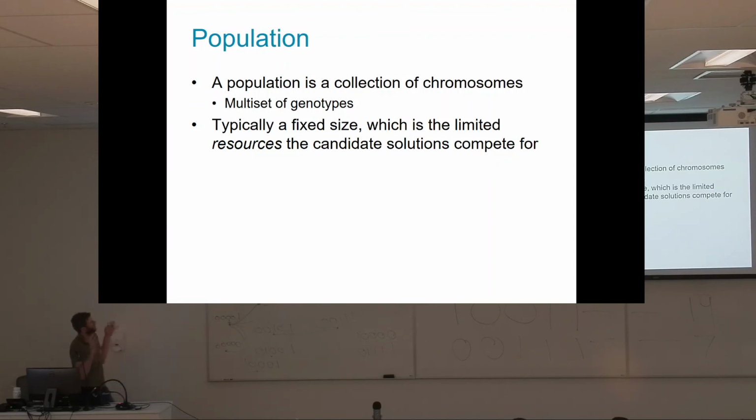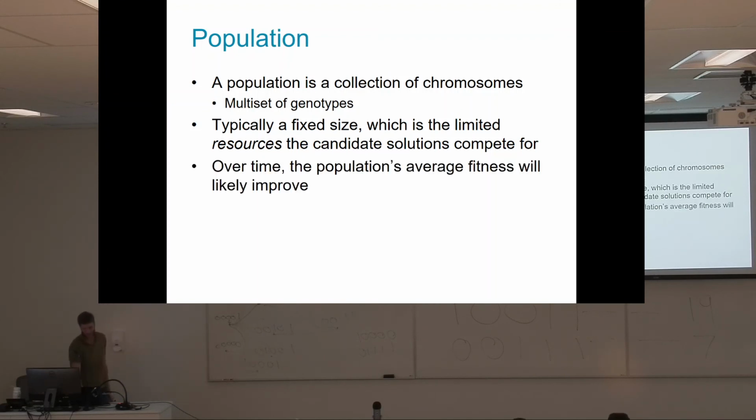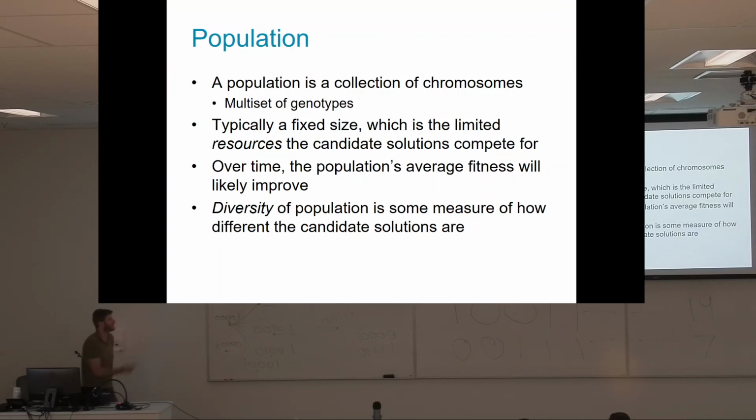Having a fixed size is kind of our limiting resource: there are only so many spots. Over time, the average fitness of the population will hopefully improve, if it's doing any good. But we also like diversity, and diversity of a population is some measure of how different the candidate solutions are.